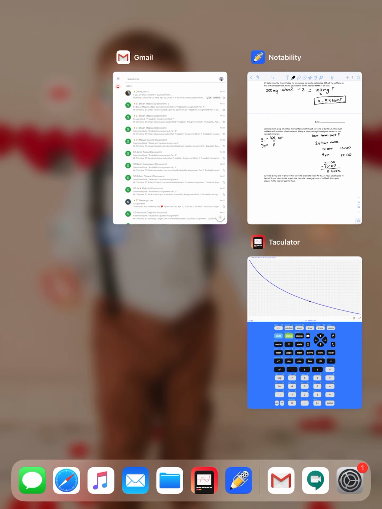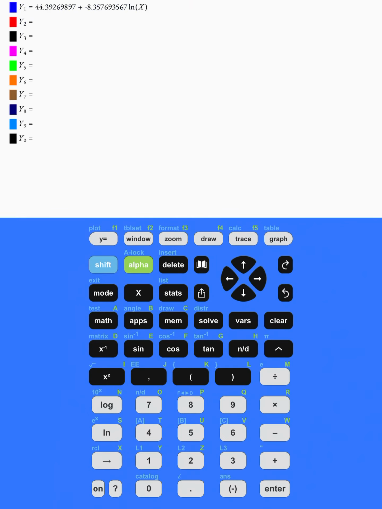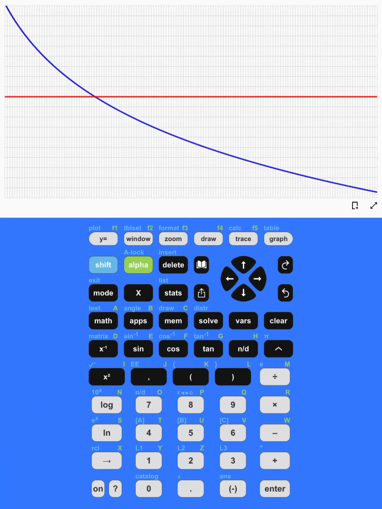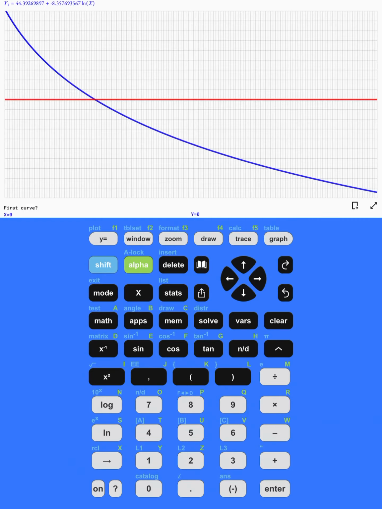Okay, so we're going to go to our calculator and check that. Go to Y equals. We already have the logarithmic ln equation as Y1, but we're going to put 11 as our Y2. Then we're going to graph it, and you should see an intersection. From there, we press second trace, number 5.